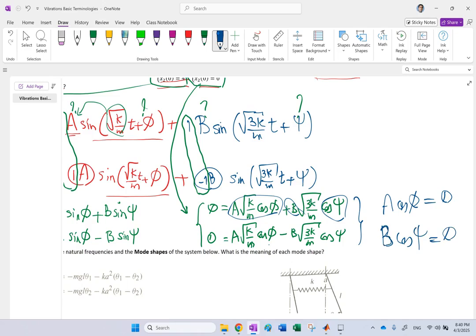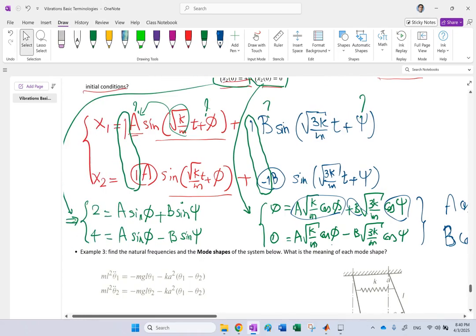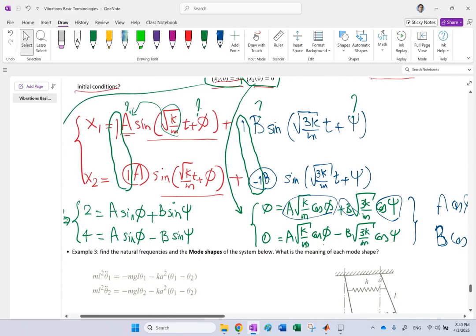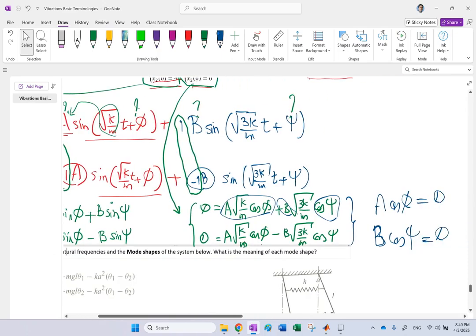Okay? So a cosine phi and b cosine psi, they both should be 0. Now, what about these two? If you add them together, you see a sine phi has to be 3, correct?